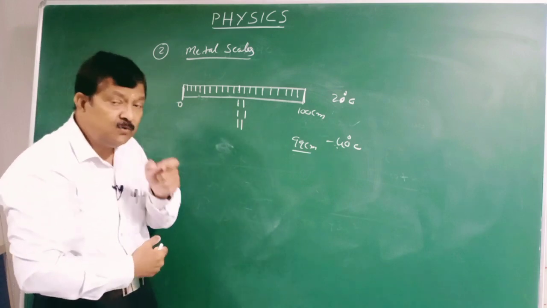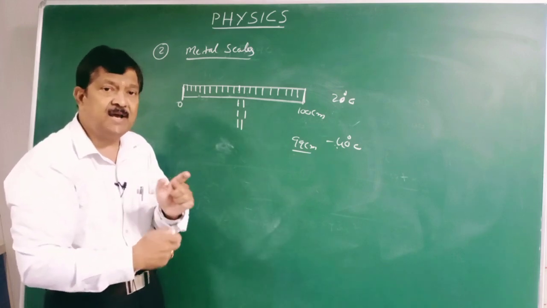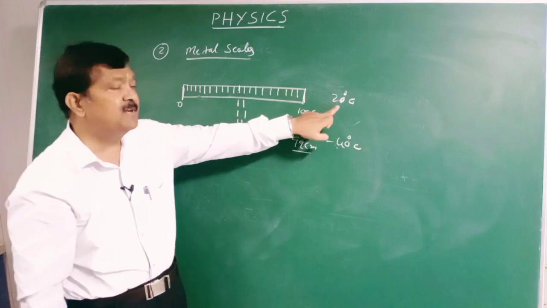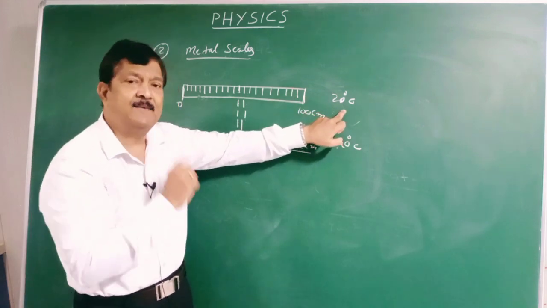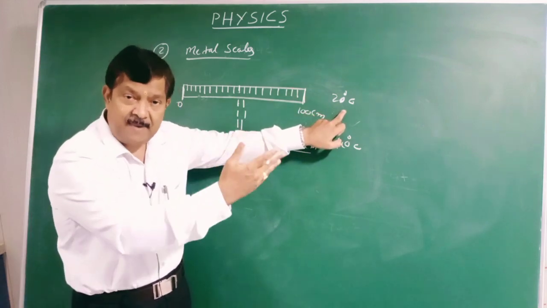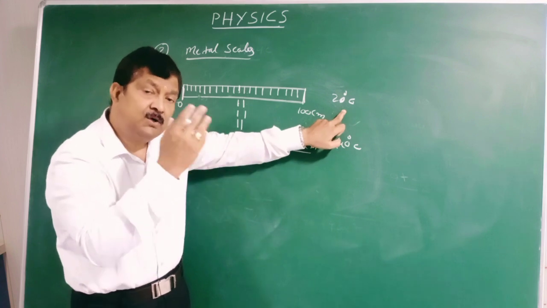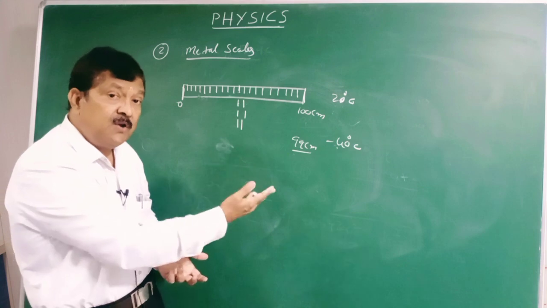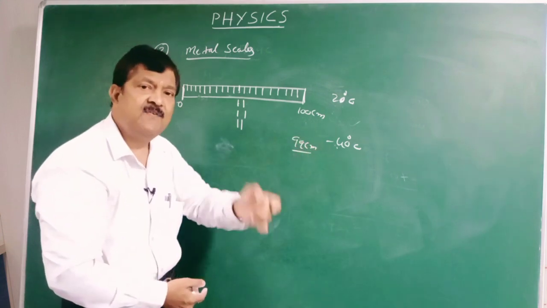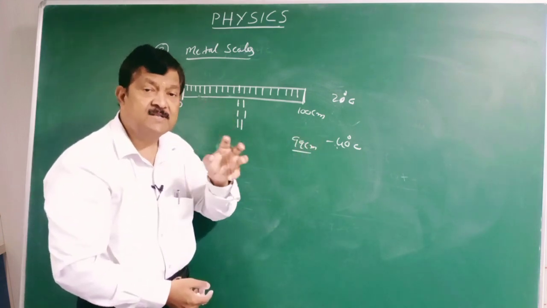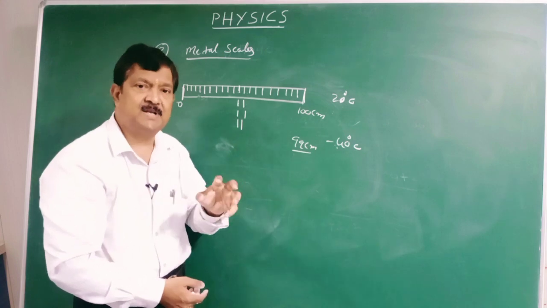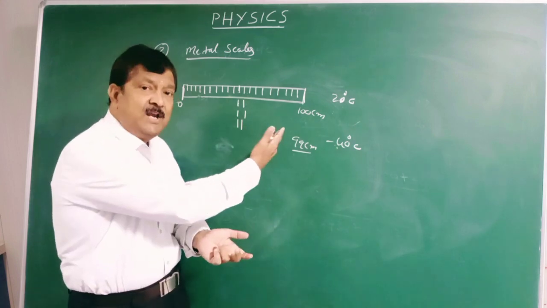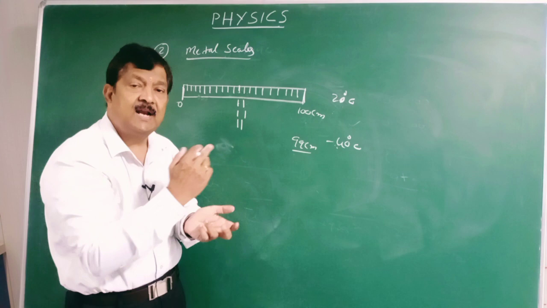So when you are using a scale at a temperature other than the temperature at which it is graduated, or markings are made, it is prepared to measure the correct reading at 20 degrees centigrade. But now you are using it at a higher temperature. Definitely in such a case we need some correction. The practically measured value and the true value are quite different.